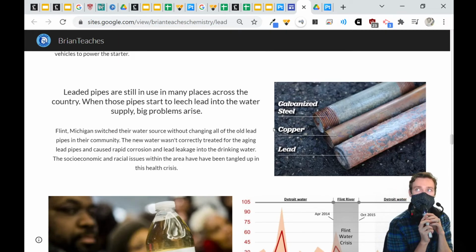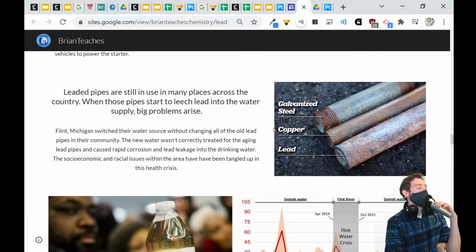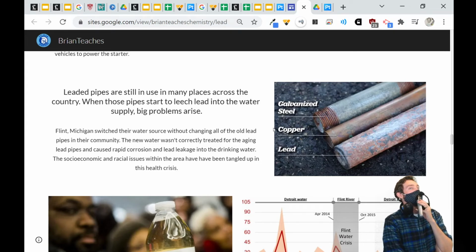Yeah. So do we use lead in our pipes anymore? Well, we try not to, but there's a lot of lead pipes in America still, and it's caused a lot of problems. Can't replace them all, and not very efficiently or fast. That's true, Dylan.